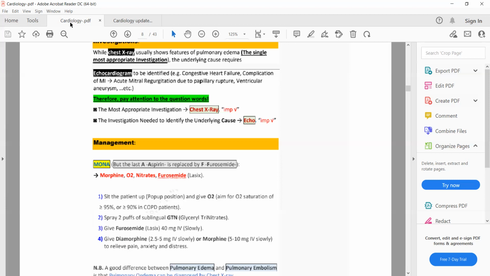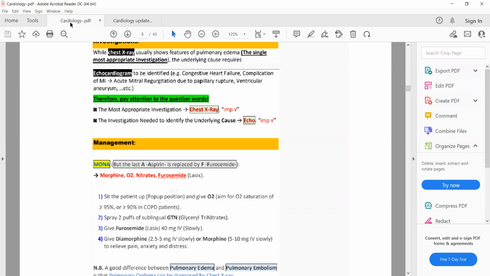So the first step is to sit the patient in proper position and give him oxygen. The second step is sublingual glyceryl trinitrate. Glyceryl trinitrate will lead to vasodilation and it will decrease afterload.